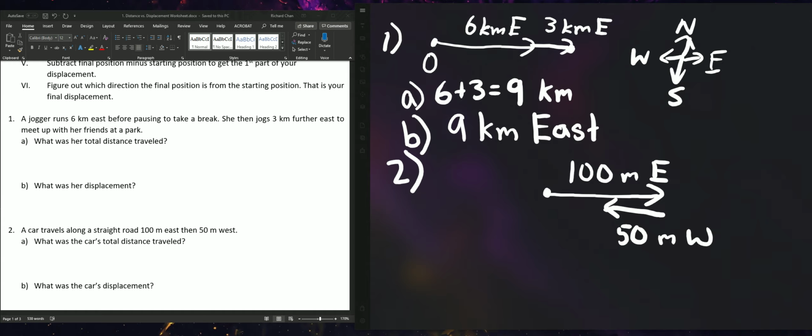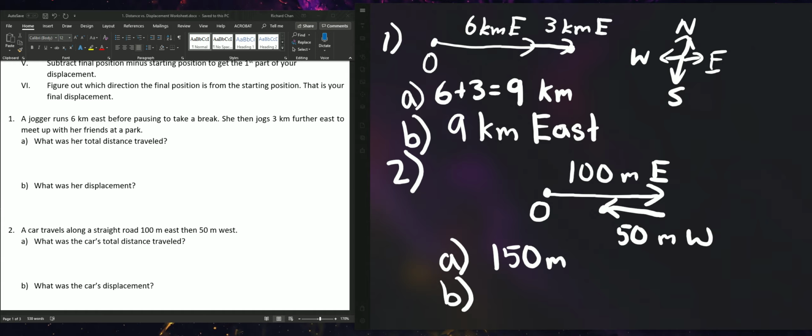Alright. And so A would be, what was the car's total distance traveled? Well, it's 100 plus 50, which is going to be 150 meters.